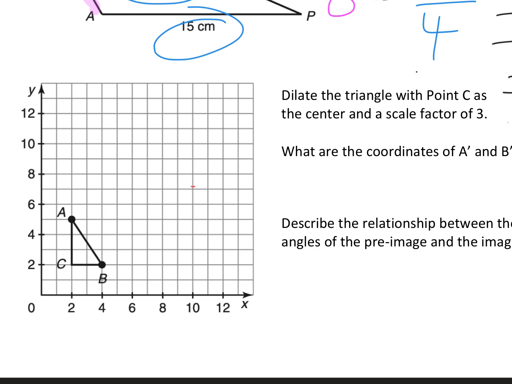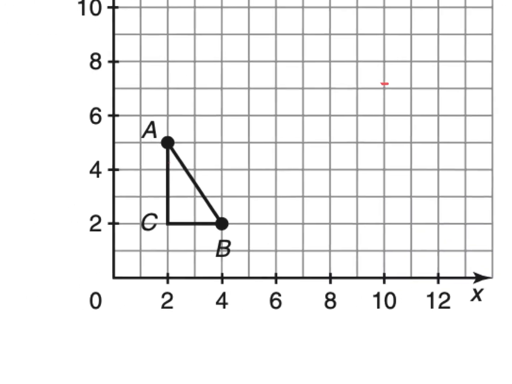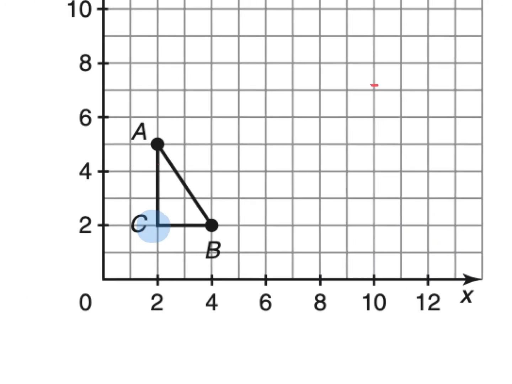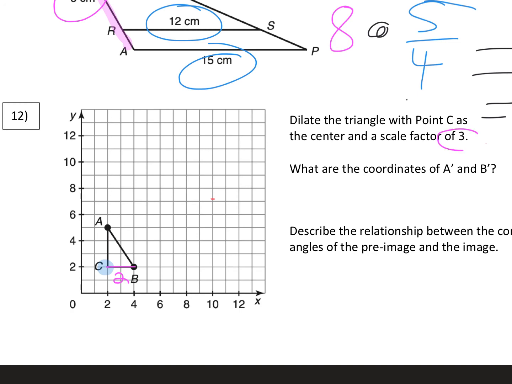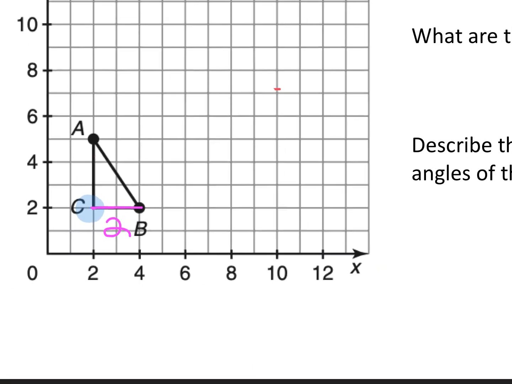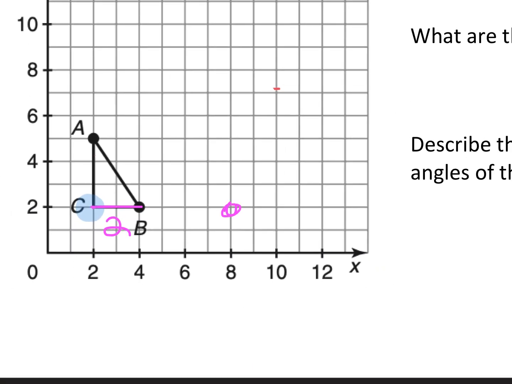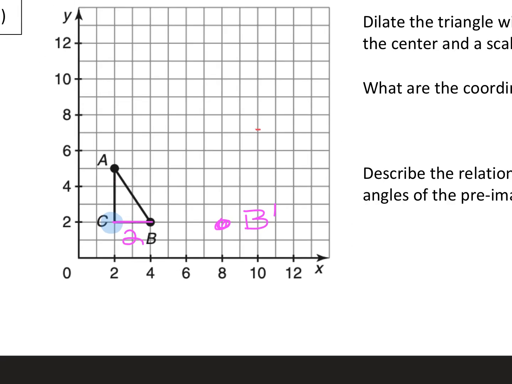The center is C. So I'm going to look from here. In my pre-image, B is 2 units away. So if it's a scale factor of 3, B prime needs to be 6 units away. So B prime would be right there.